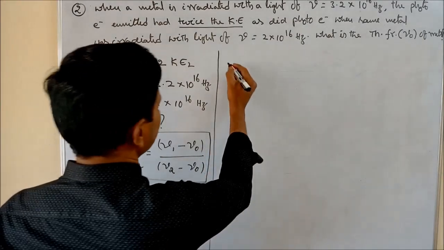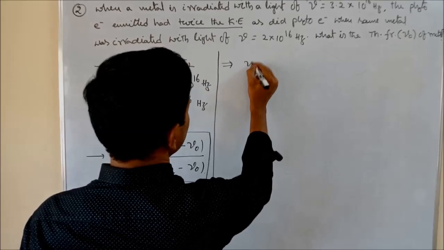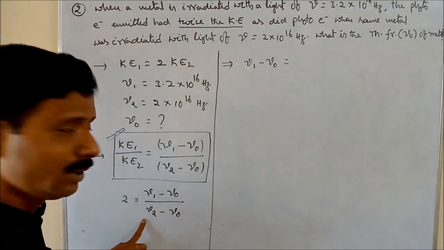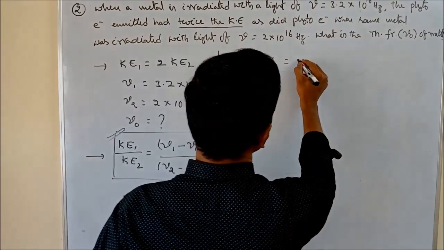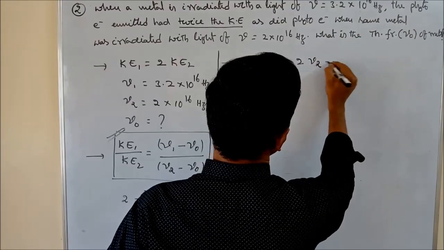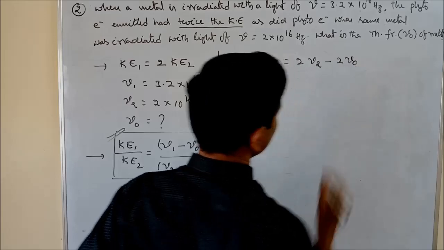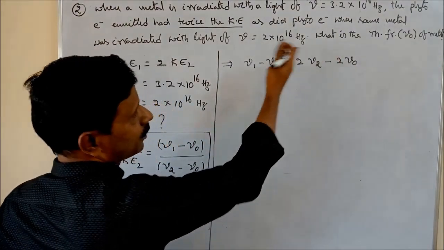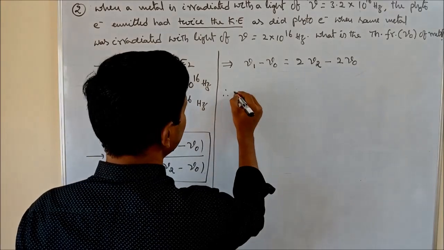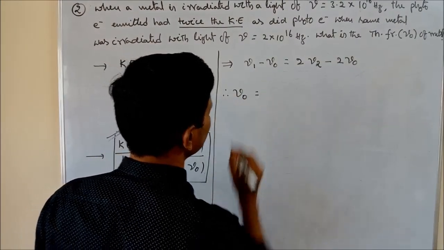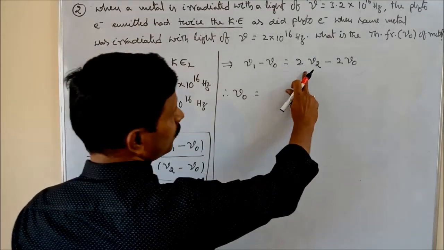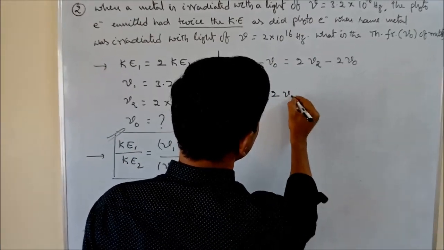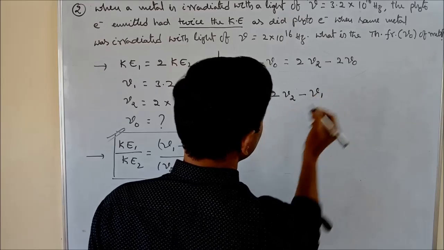Now on cross multiplication, we will get nu1 minus nu0 equal to 2 nu2 minus 2 nu0. So if you bring that 2 nu0 here, nu0 will be equal to, with nu1 towards the right hand side, 2 nu2 minus nu1.